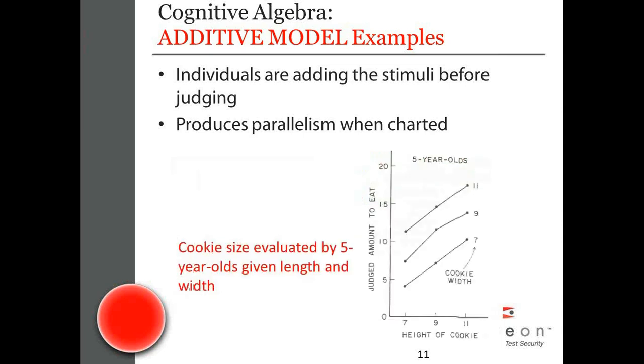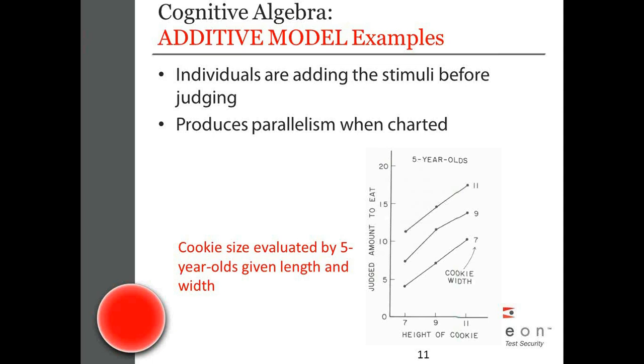So this is with 5-year-olds making the judgments. They're asked to evaluate how big a cookie is that they get to eat. And they're given the size of the cookie in terms of length and width.